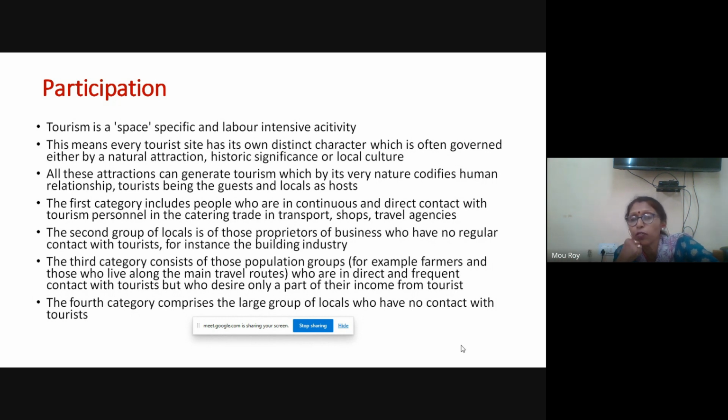The second group of locals is those proprietors of business who have no regular contact with tourists. For instance, the building industry, those in construction, don't have any direct contact. Who has direct contact with the tourists? The local people. If you want to taste the cuisine of that particular area, you go to a local food outlet and you'll have an interaction.